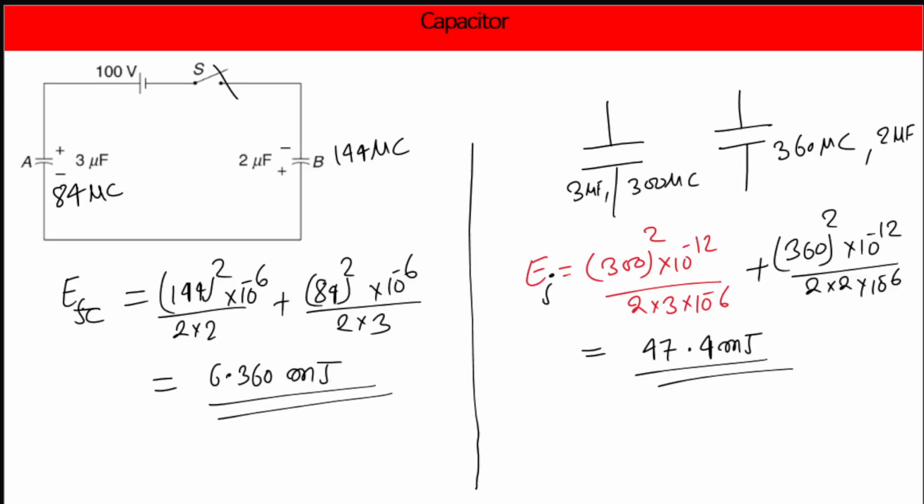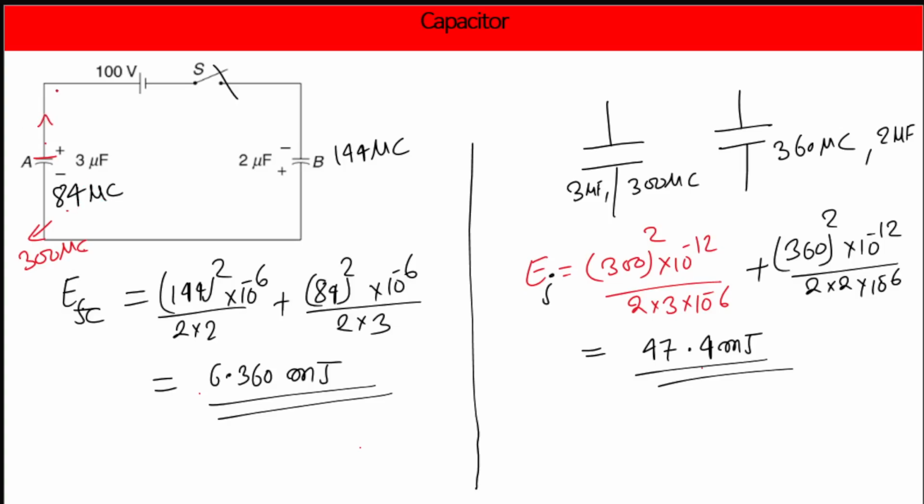Now we should not miss out on one more important thing. If you write the energy dissipated or lost as heat in the wire as this minus this, then you are making a mistake, because see here, initially it had 300 microcoulomb of charge, and it has decreased to 84 microcoulomb.